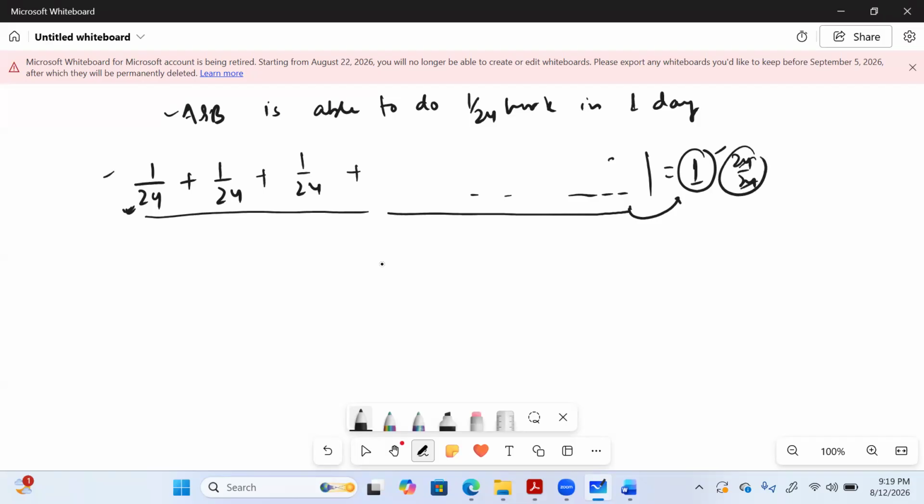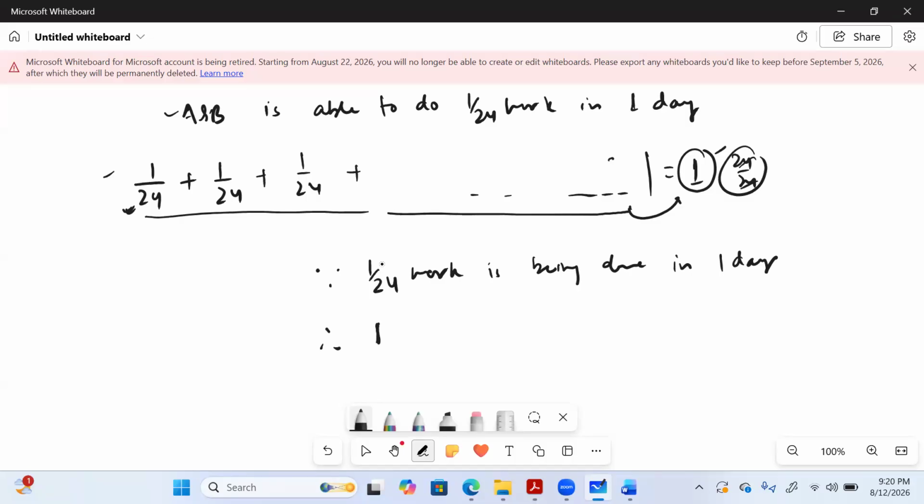But we don't always study in this way. The textbook says use a unitary method, which says if 1 by 24 work is being done in 1 day, then unitary says you just reach to the unit.